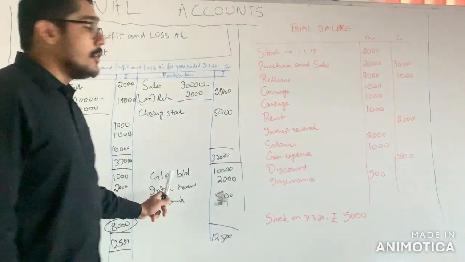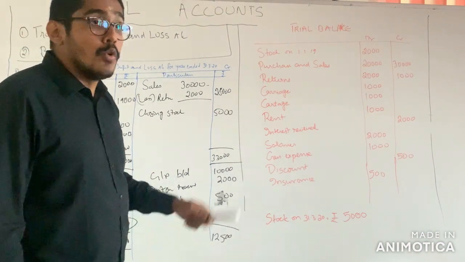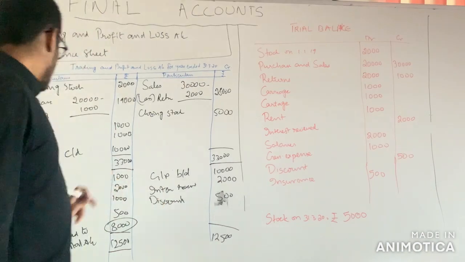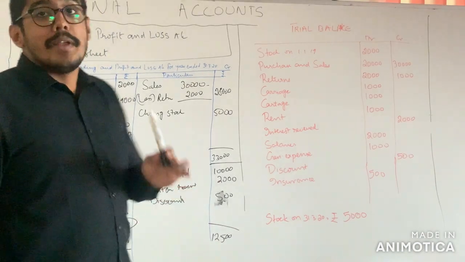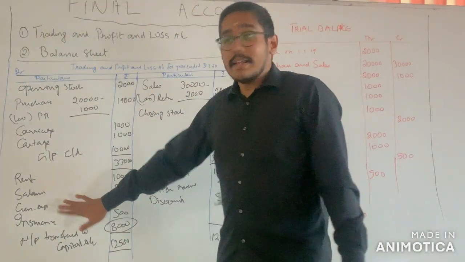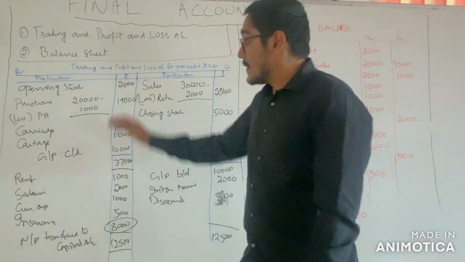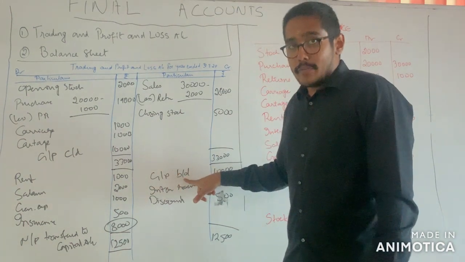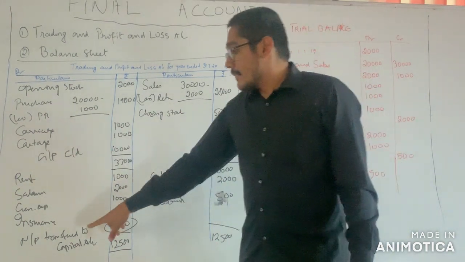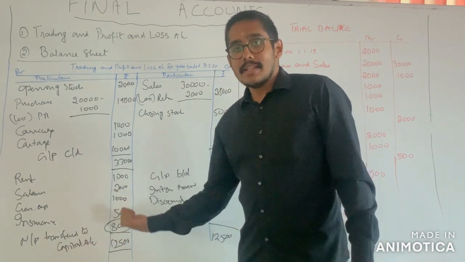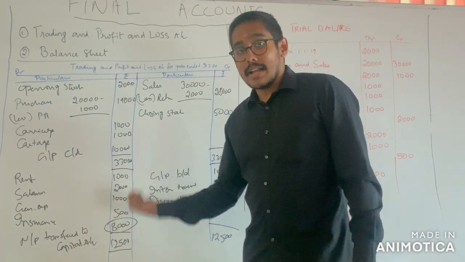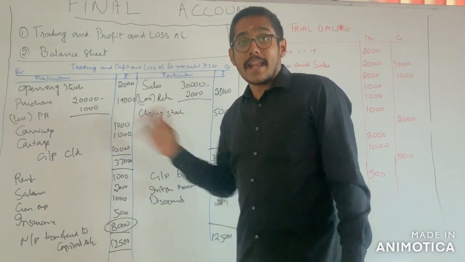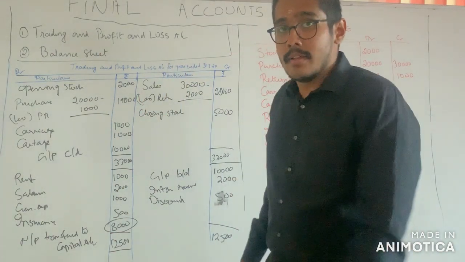We will be using the credit side of profit and loss account to add all the indirect income, and the debit side to add all the indirect expenses. First we get gross profit from the trading account, transferred to profit and loss account. At last, if the balance carried down comes over here, it is net profit, and this is transferred to the liability side of the balance sheet, in the capital account. Fine. Thank you.